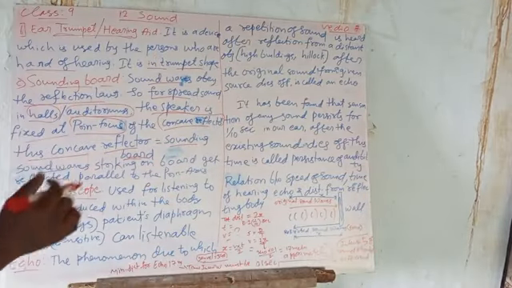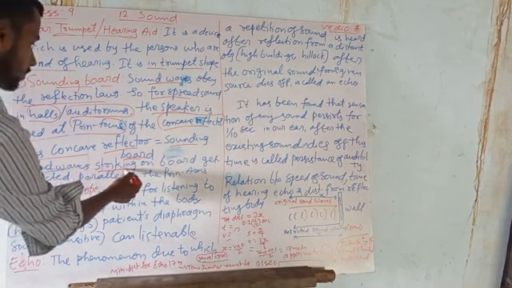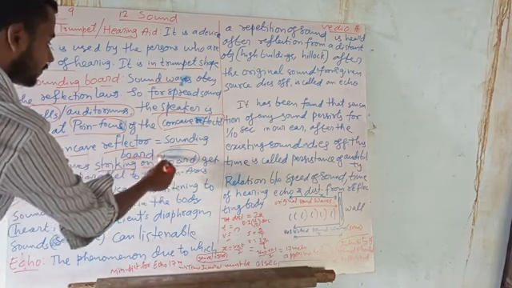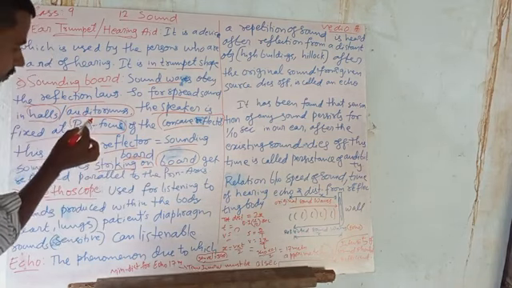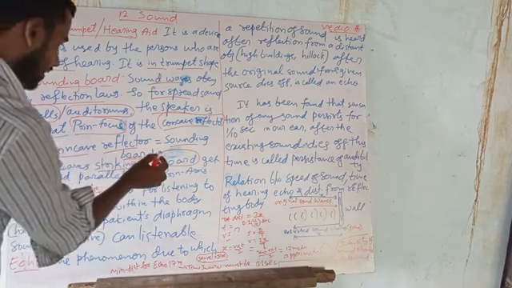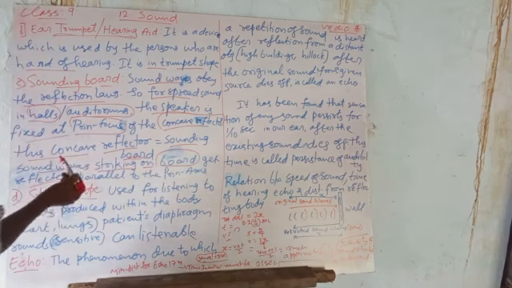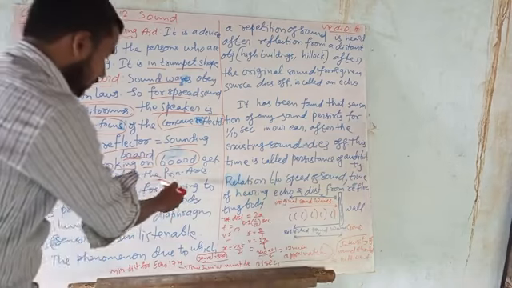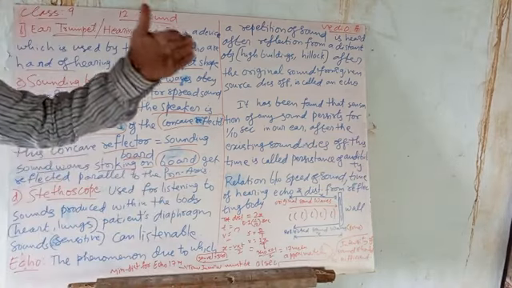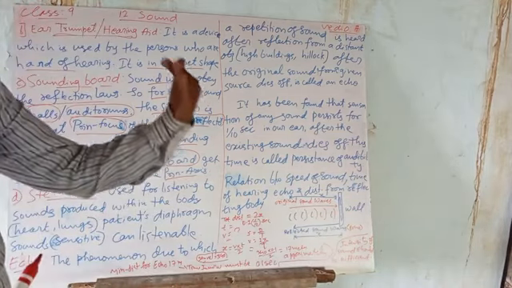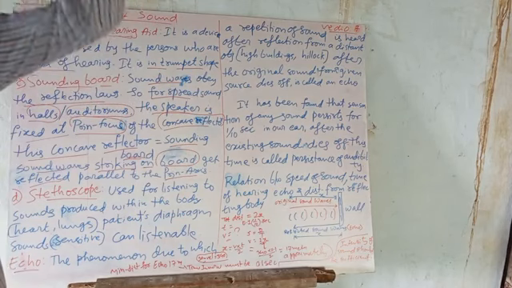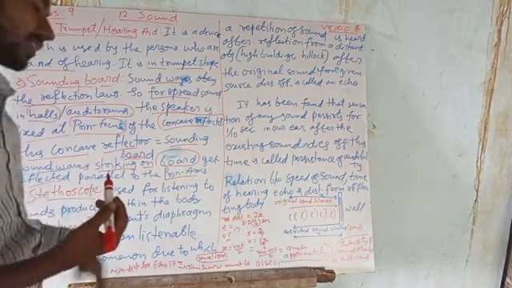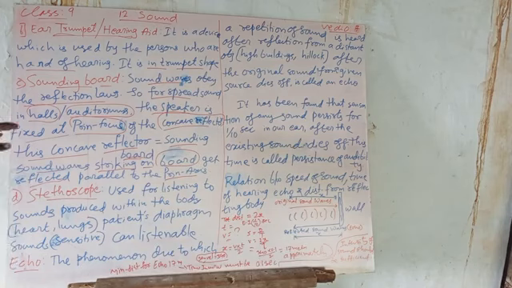So sound waves striking on the board, that mic board, get reflected parallel to the principal axis. Remember, if you want, Google it once, you will get it easily.